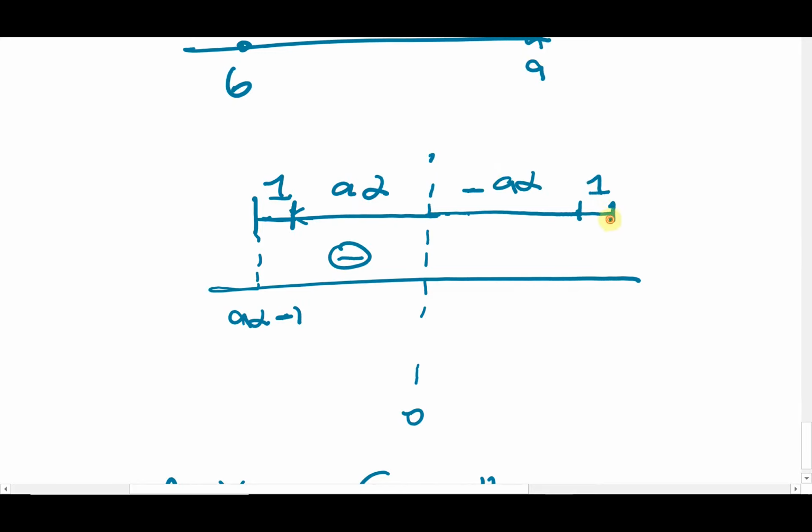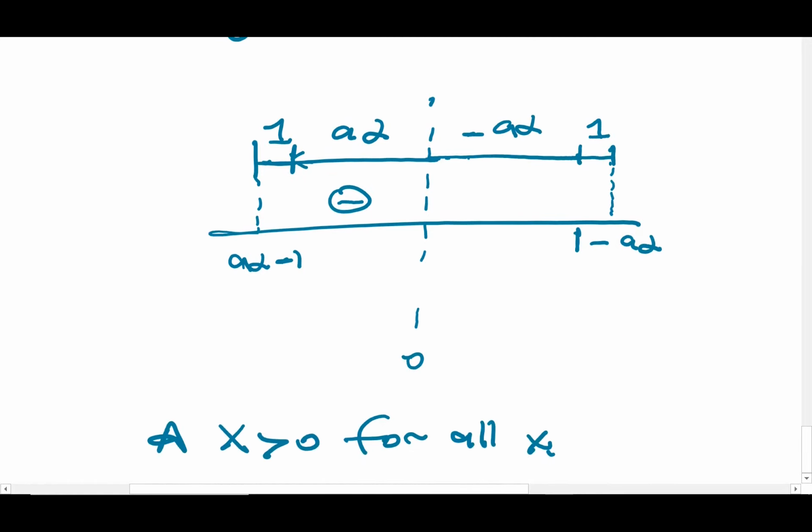So given that, this is 1 minus A alpha, which is also equal to the absolute value of A alpha minus 1. If this is a negative value, it gets flipped over, a mirror image, and then you just add 1. So it would be negative A alpha plus 1.